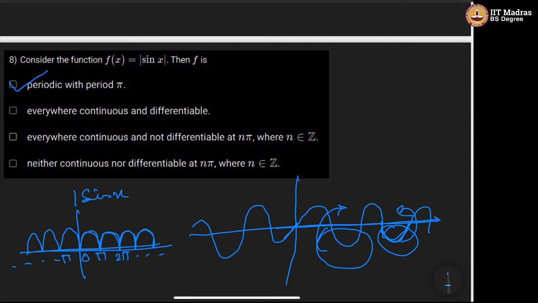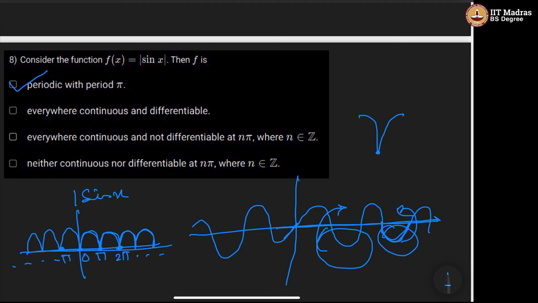If we check at 0, pi, any n pi, for any n belonging to the integers, we will get a sharp corner like that. And we know that if there is a sharp corner at some point, then at that point a unique tangent is not defined. That means at that point the function will not be differentiable.